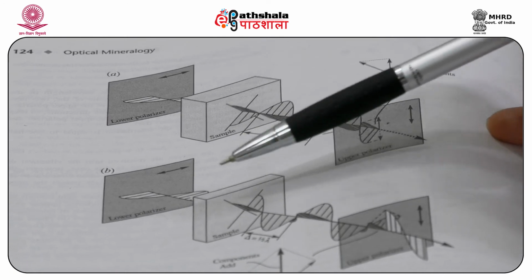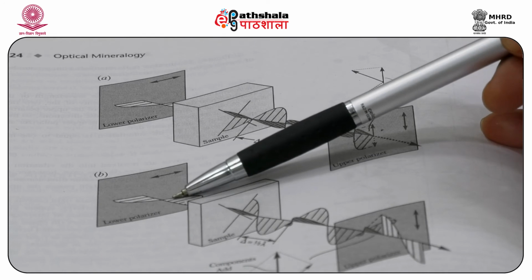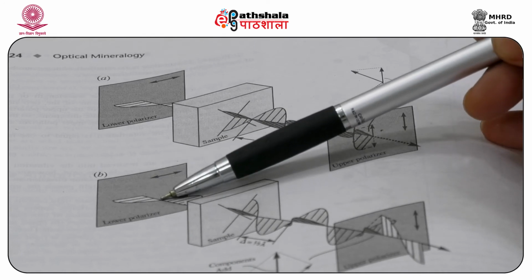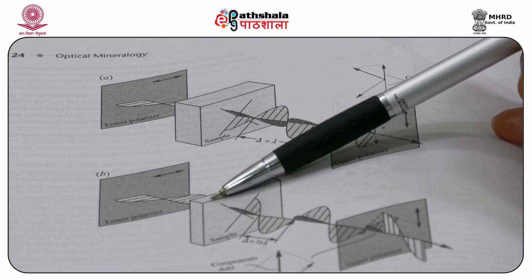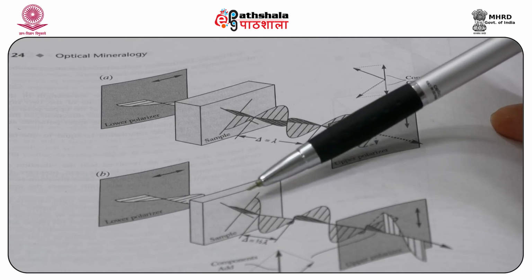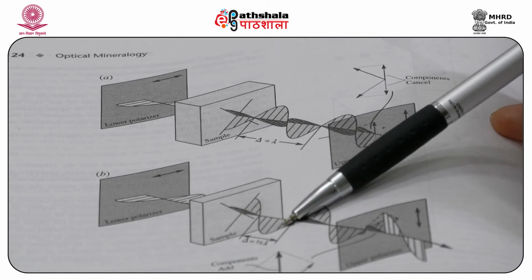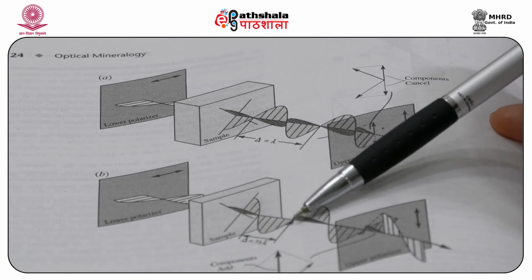In the case as in here, the light is entering the lower polarizer and is getting plane polarized, then we have the anisotropic mineral sample where the light is getting split into two rays, that is a fast ray and a slow ray. In this case, the retardation is 1/2 of the wavelength.